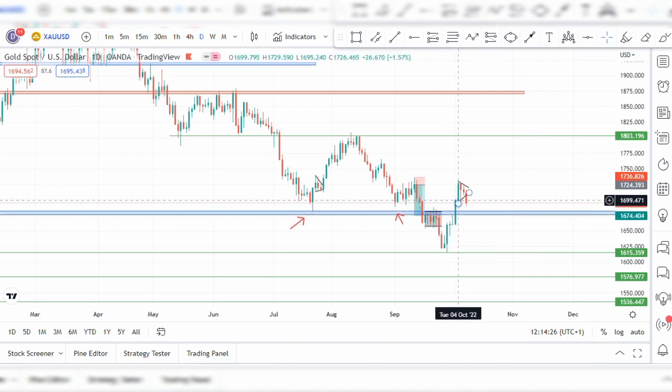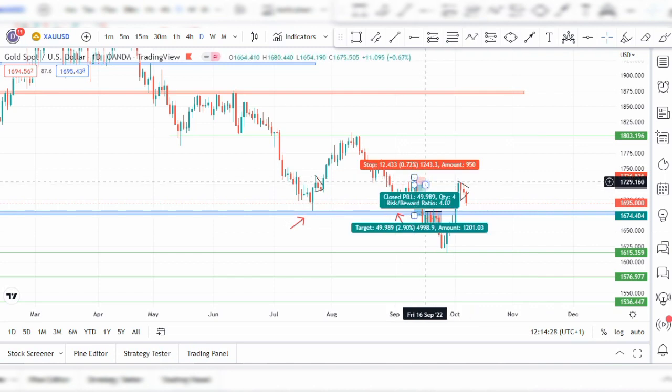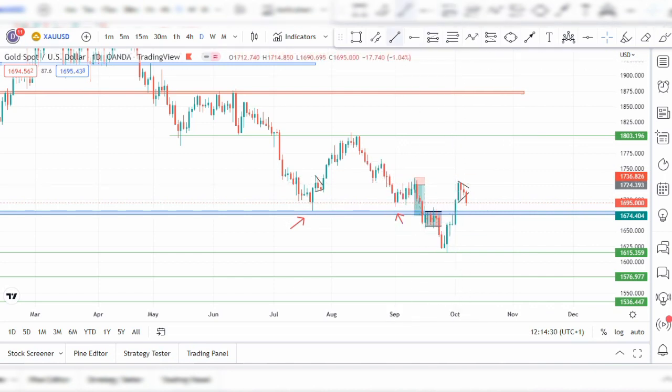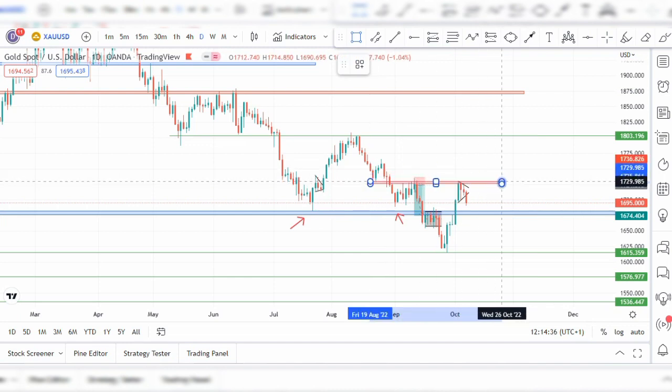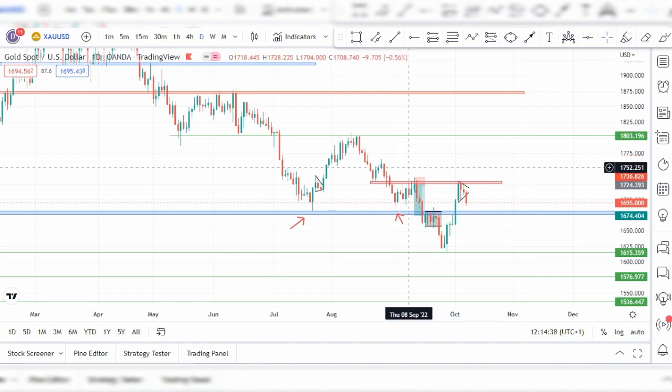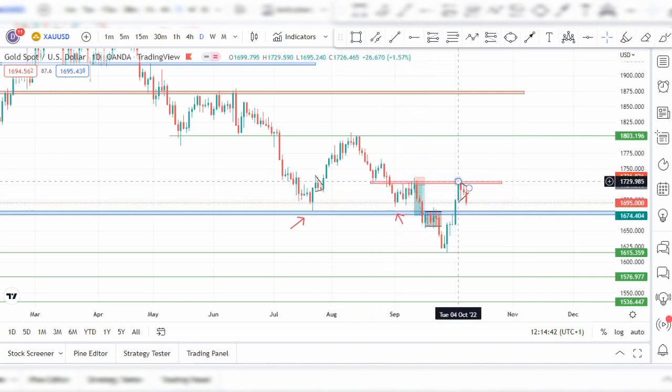Price broke and closed above it, got towards this area here, where there is a sort of minor resistance. You can see that price has tested that area several times, broke it, came back to test it, came down, got to that level, and then rejected off it as well. And now price is heading back down towards this resistance area.